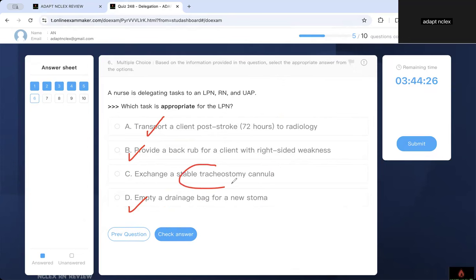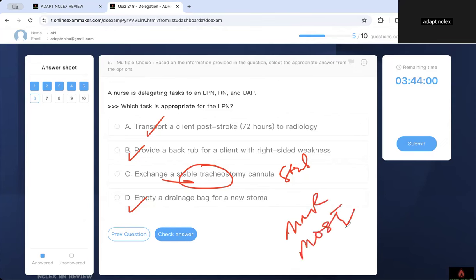But if you have to change the tracheostomy cannula, this requires some sterile technique, despite the patient being stable. That requires special technique, thinking, nursing process involved. This has to be done by the LPN. That's why I call it MMR most. If I write it, this is what it looks like.